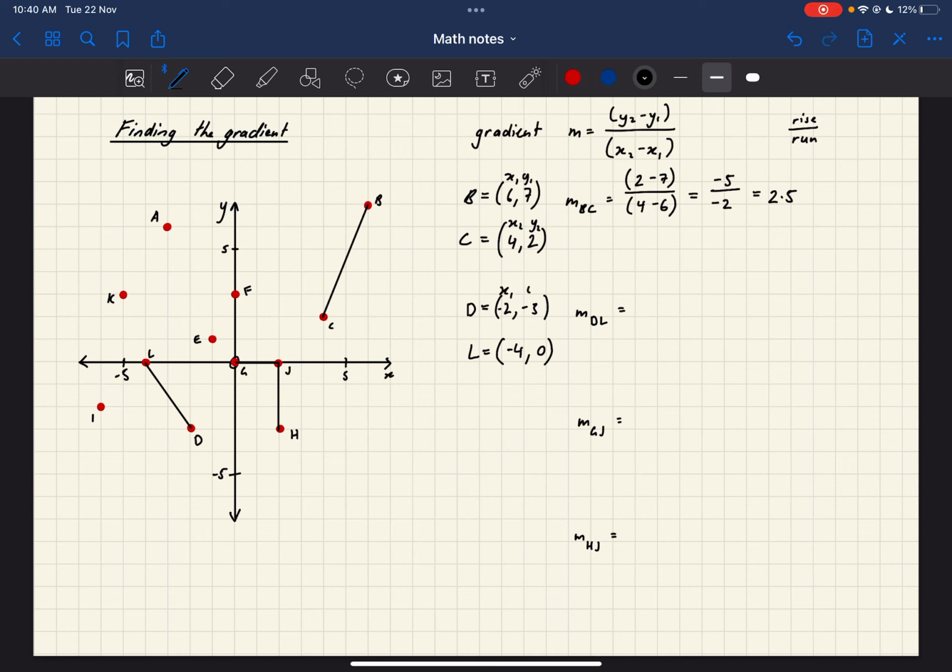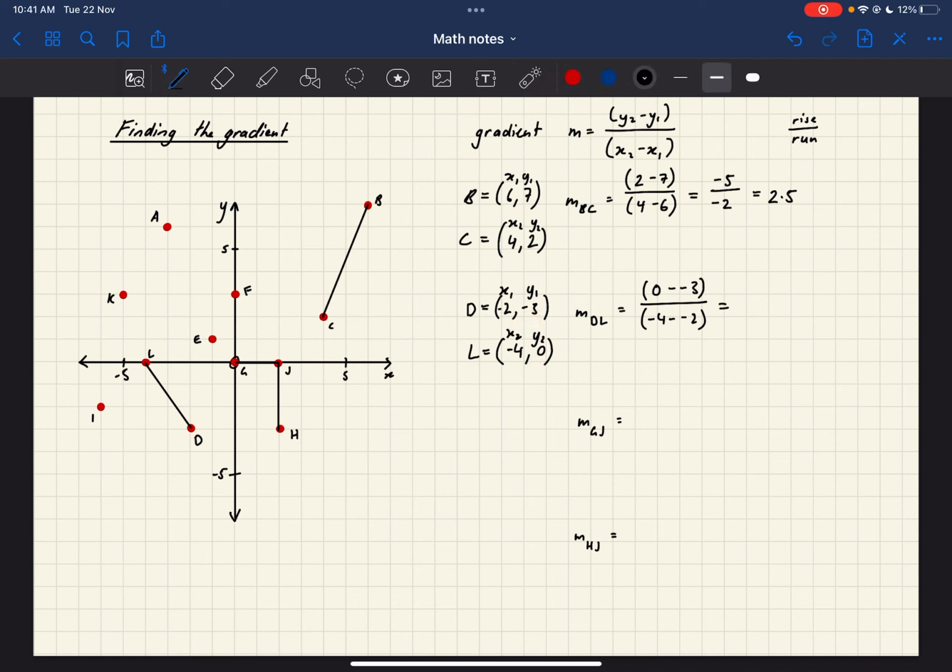So we've got x1, y1, x2, y2. Put it into our formula. We've got y2 minus y1 over x2 minus x1. So we've got y2, which is 0, minus y1, which is 3, and we've got x2, which is minus 4, minus x1, which is minus negative 2, all from here.